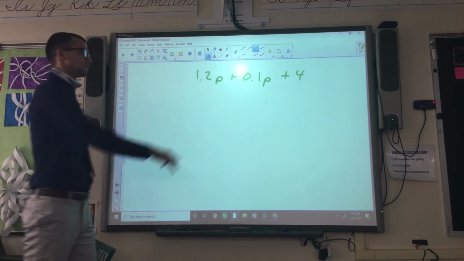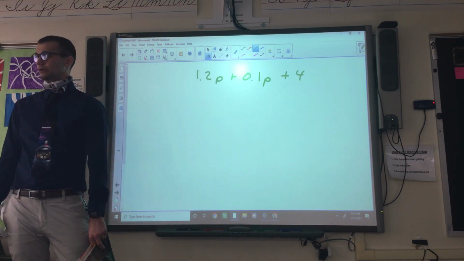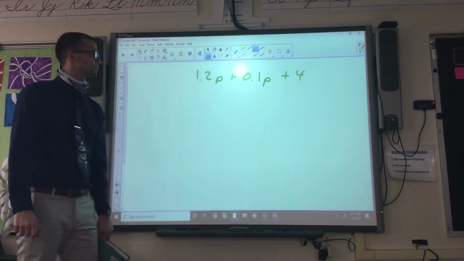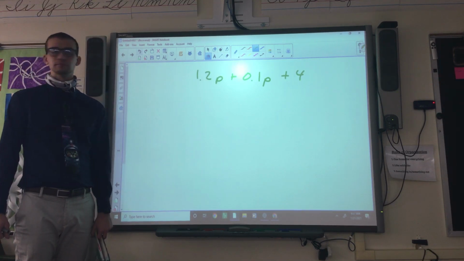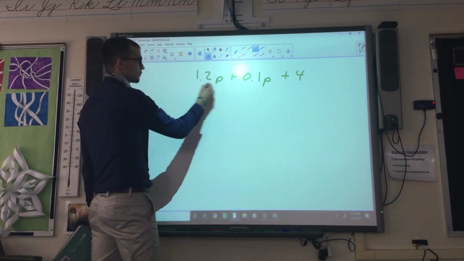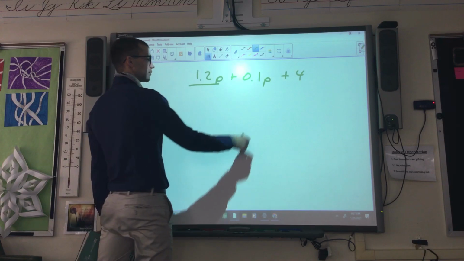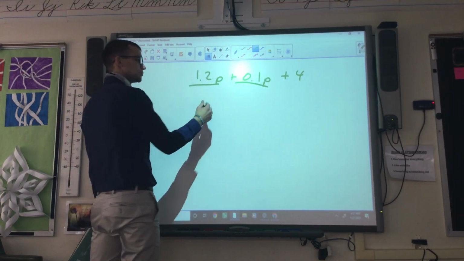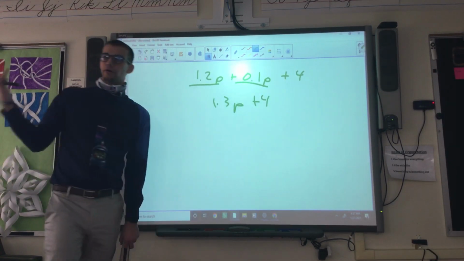You can't add 4 scissors and 1.2 of whatever, when you don't know what it is. The other ones: 1.2p and the other one that has a p in it. You add them together, you get 1.3p plus 4. That's it.